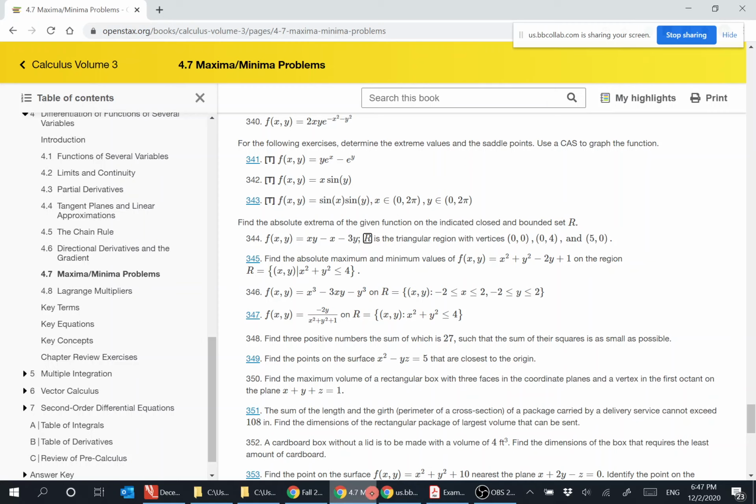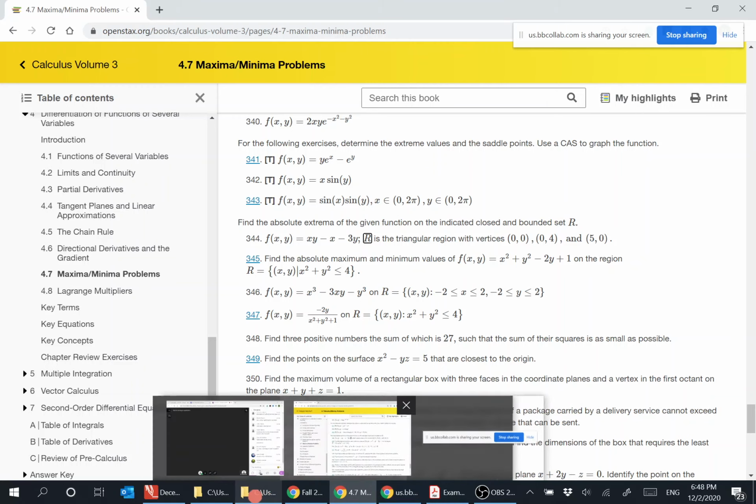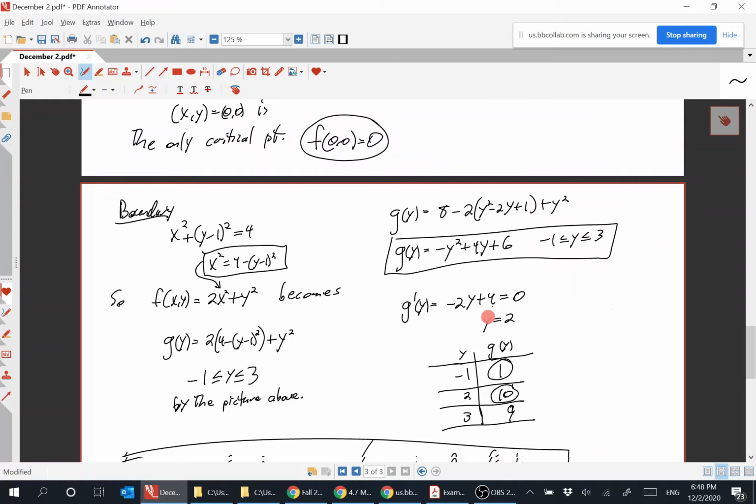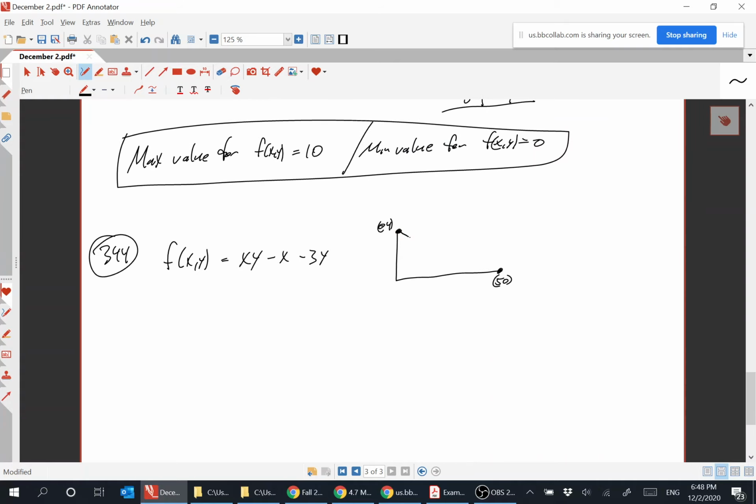xy minus x minus 3y, and R is the region, so 5 on the x-axis, 4 on the y-axis. So we've got this triangle, so that's 5, 0, 0, 4, and so we've got this region inside here.